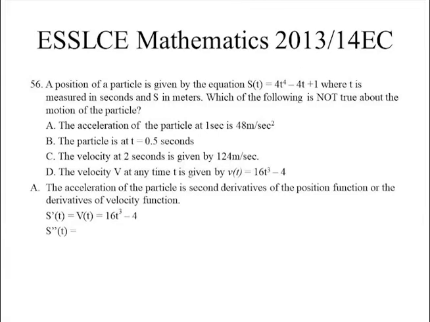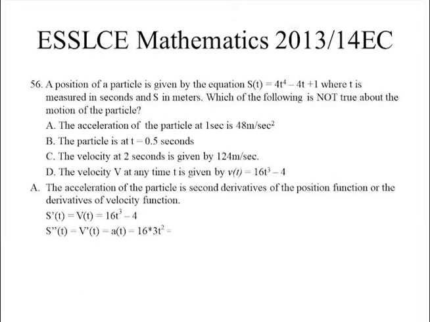The second derivative of the position function is equal to the first derivative of the velocity function, which is equal to acceleration as a function of t, which is equal to the derivative of 16t cubed, which is 16 times 3t to the power of 2, minus the derivative of 4, which is 0, because the derivative of every constant is 0.